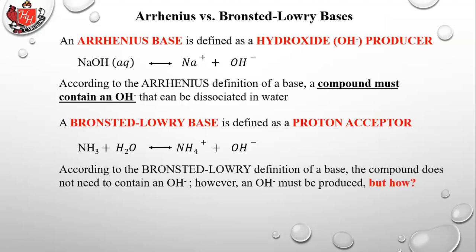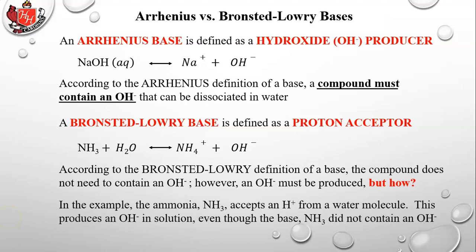So according to the Bronsted-Lowry definition of a base, the compound does not need to contain an OH minus. However, an OH minus must be produced, but how? So in this example, the ammonia, NH3, accepts an H plus, that's a proton, from the water molecule.